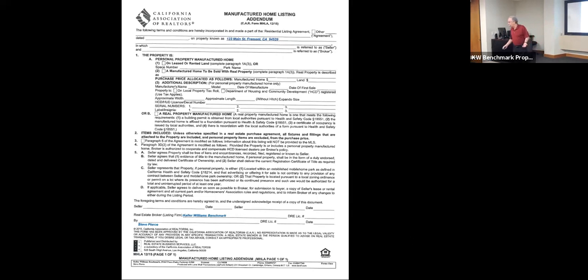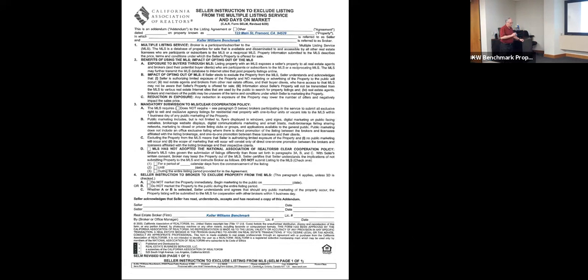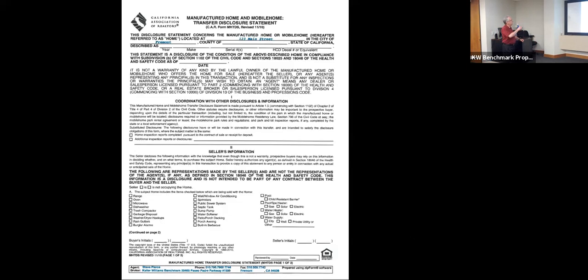You could have a manufactured home sitting on a normal residential lot. In either case, this is the agreement you use when you're listing that manufactured home. Now, the one thing I wanted to point out to you is that manufactured homes and mobile homes have their own transfer disclosure statement. It's not the standard TDS. It's not the real estate transfer disclosure statement. They have their own separate TDS.